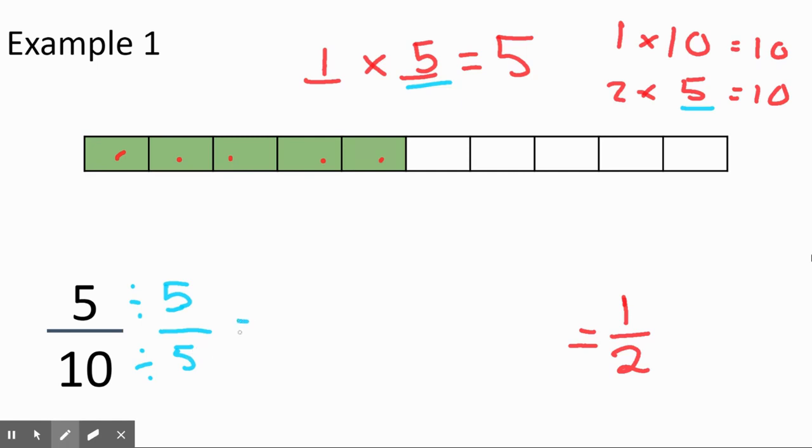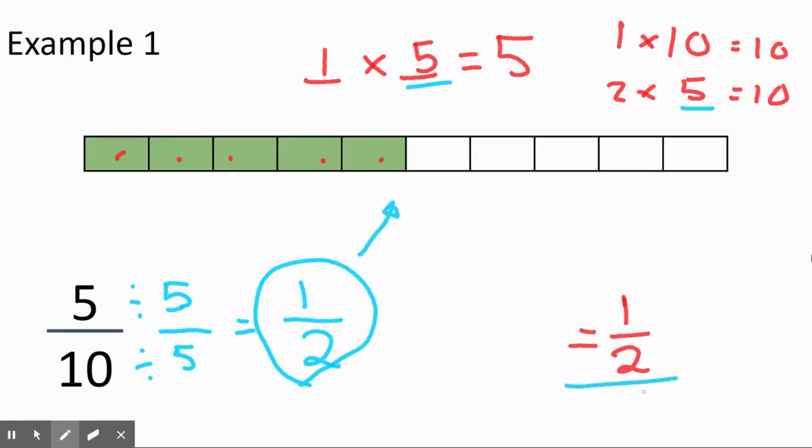But we can use that to make this look a little bit nicer. So 5 divided by 5 gives us 1, and 10 divided by 5 gives us 2. So we do indeed end up with 1/2. That is exactly what the model is showing us.